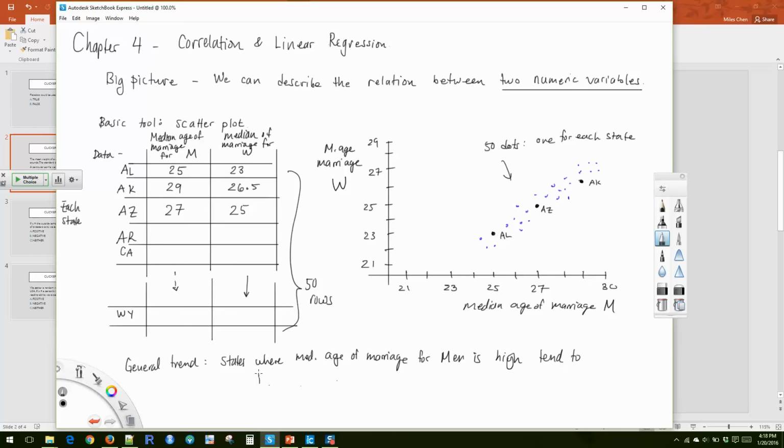And then vice versa, states where median age of marriage is low tend to have low median age of marriage for women. So high goes with high and low goes with low.